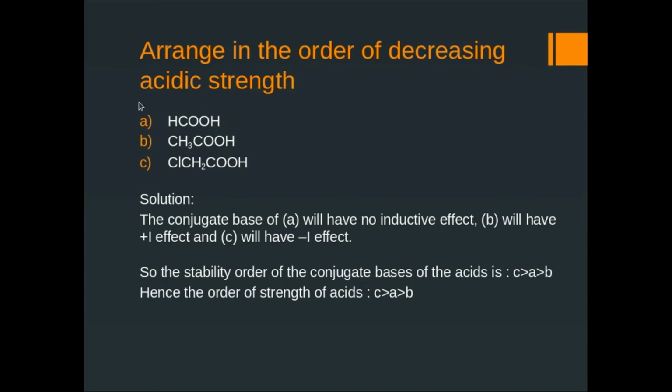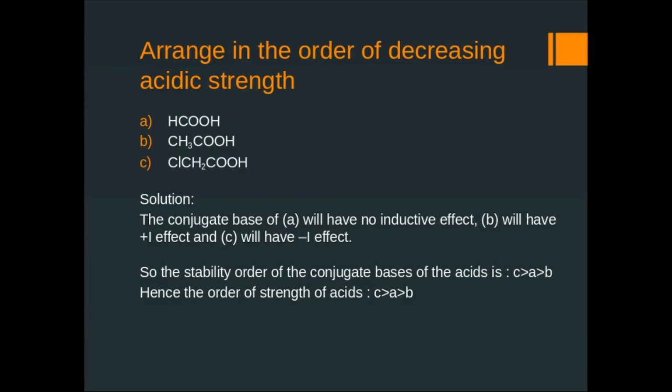Now in formic acid, there is no plus I effect, so the oxygen has more or less greater stability and electrical neutrality also.